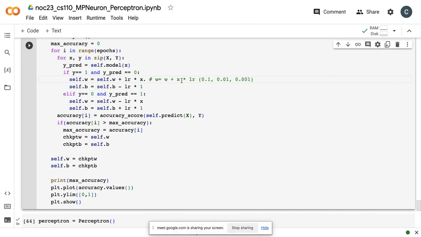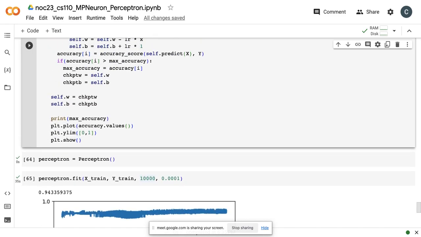Whatever the value of x will be, maybe 10, if you multiply with 0.1, it will come down to 1. So we are slowly increasing or decreasing, updating the weight parameters with respect to that.